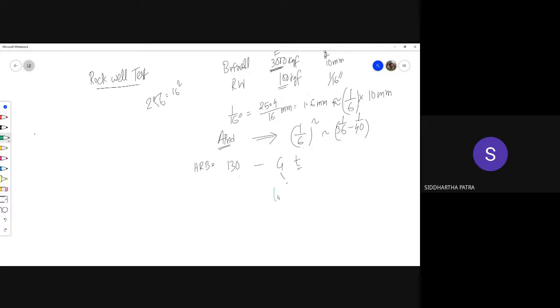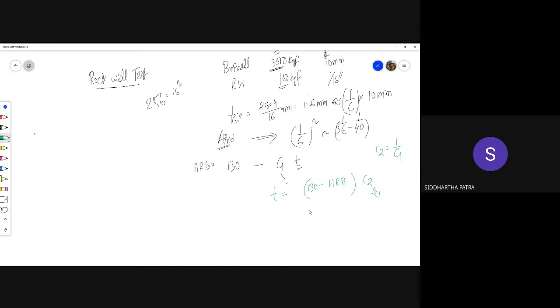T is 130 minus HRB times C2, where C2 is 1 by C1, and possibly this C2 is 0.002.